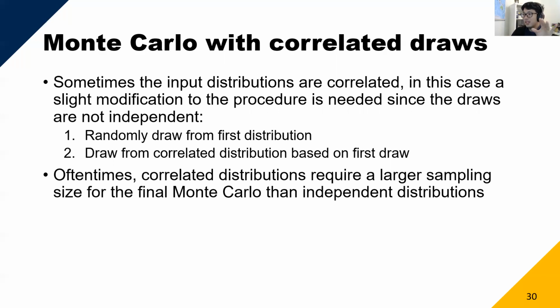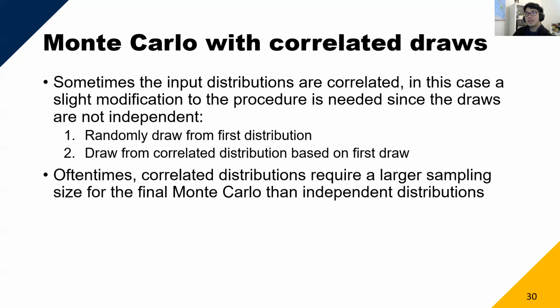What you can do is draw randomly from your first distribution, and then do your correlated distribution draw on whatever variable is correlated to the first one, given the information about the first draw. So it just makes the sampling procedure slightly more complex, but you're still able to use this analysis technique.